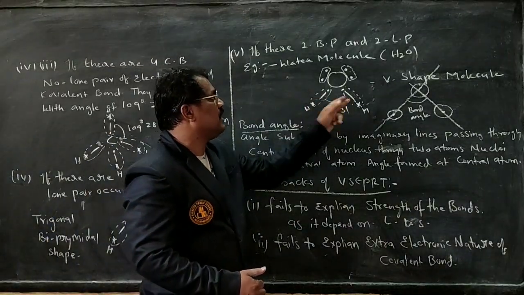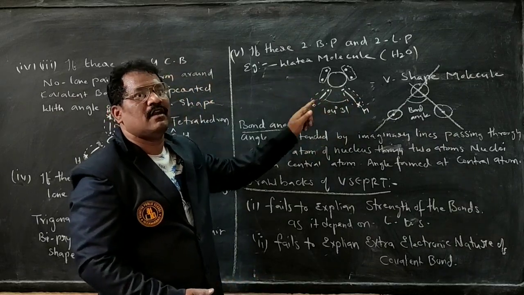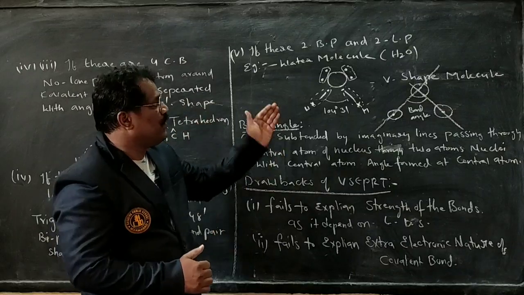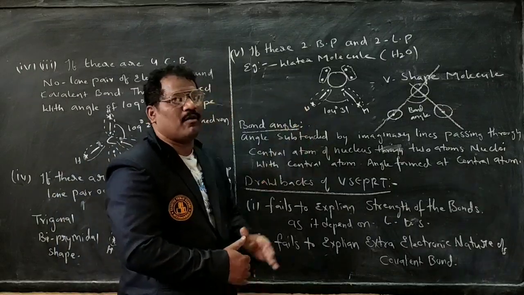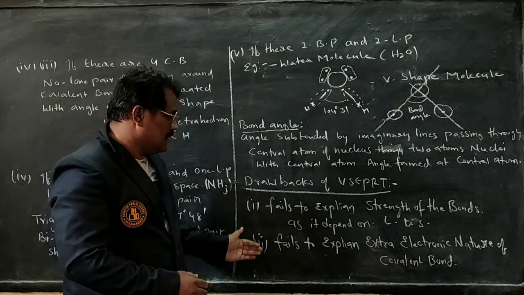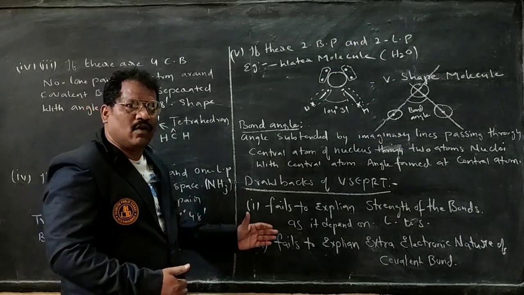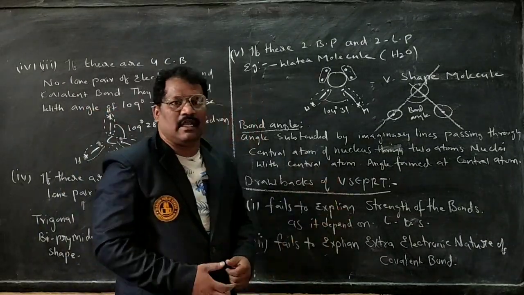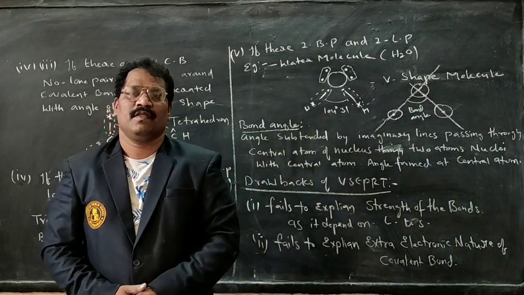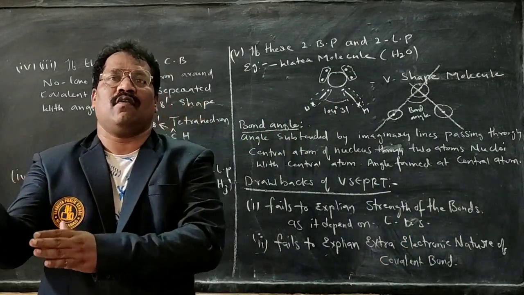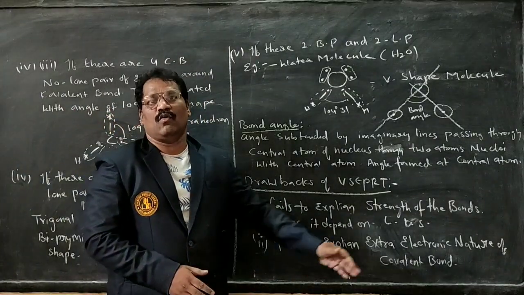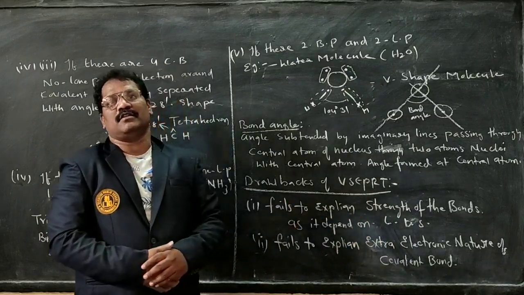As this concept deals only with Lewis dot structure formation of covalent bonds. Coming to the second point, it could not give more explanation about the electronic nature of covalent bonds, how an electron plays a role. It could not give a clear explanation.